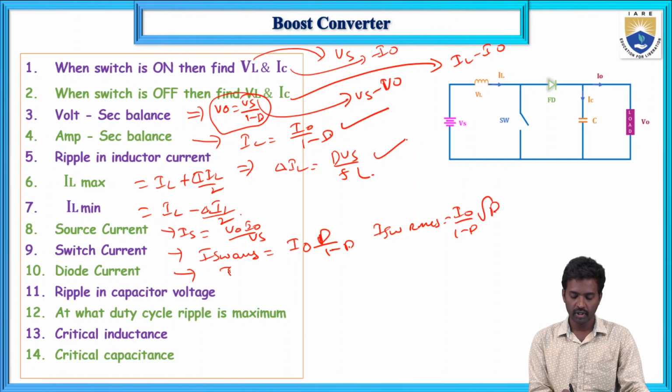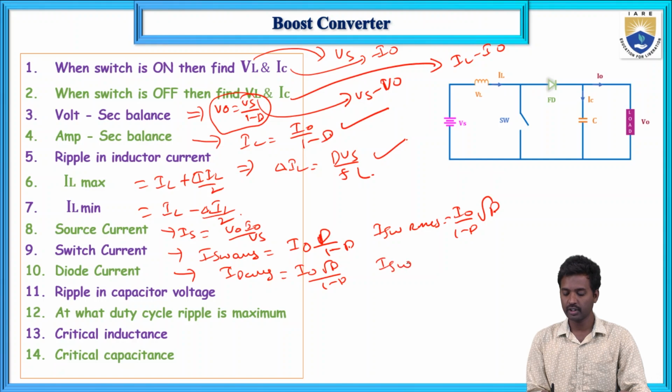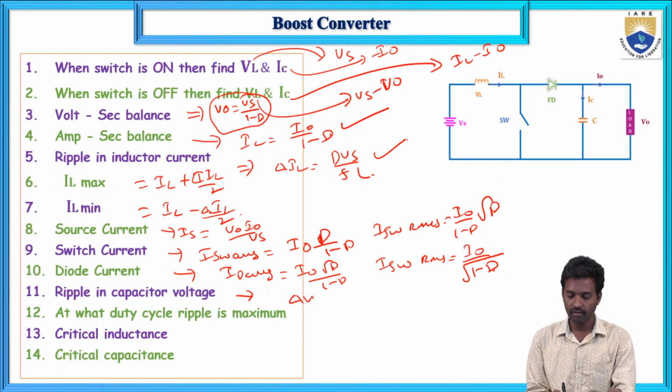Next, ID average is equal to I naught into root D by 1 minus D. Now ripple in the capacitor voltage, del Vc, is equal to D into I naught divided by F into C, and the maximum ripple is directly proportional to the Vs only. That equals D into Vs divided by R into 1 minus D into FC, so del Vc is directly proportional to Vs.